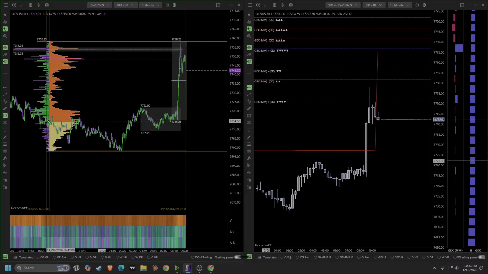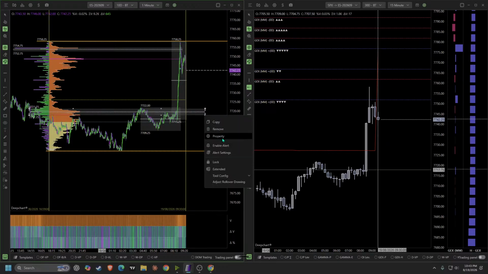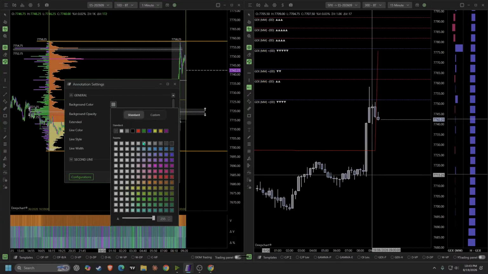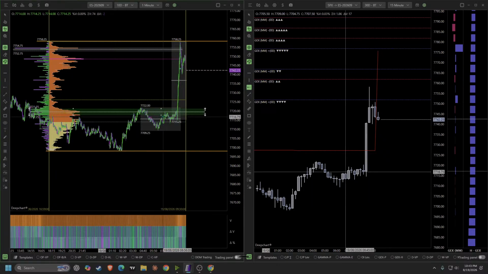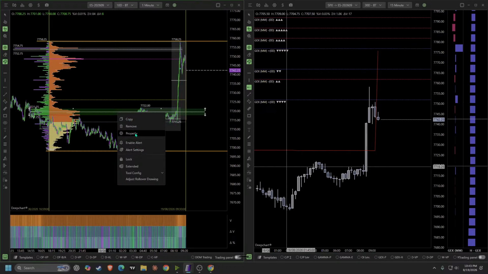And on the bottom side, this node right here, this area, is likely where buyers could step back in.